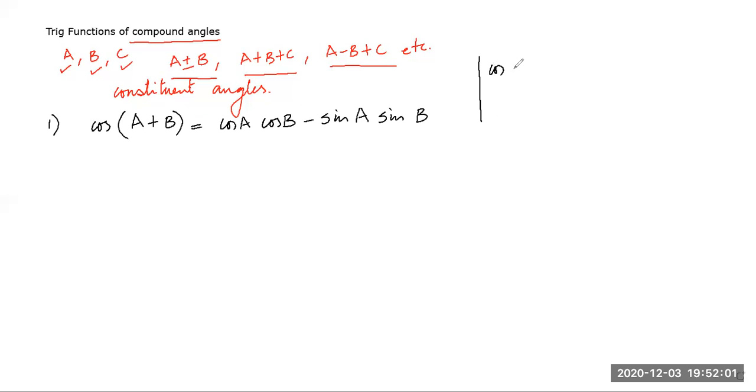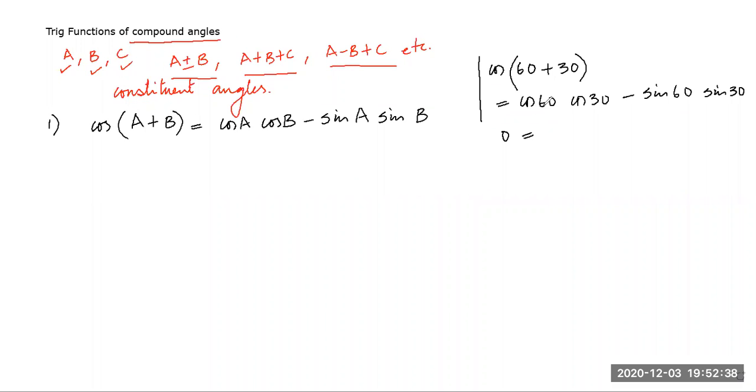Let's say we want to find out cos of 60 plus 30. So that will be equal to cos 60 cos 30 minus sin 60 sin 30. Now cos of 60 plus 30, that is cos 90. Now cos 90, everyone knows, is equal to 0.